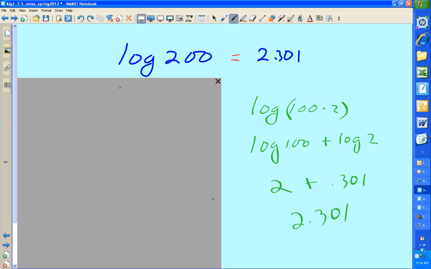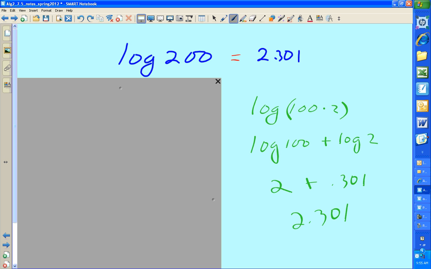All right? And remember, what is this 2? What is this 2? An exponent. It's the exponent on the 10, base 10, that gives you the 100. What is the 0.301? An exponent. That's what a log is. It's a power. So when we look at this, 2.301 is an exponent. It's the exponent you put on a 10 if you wanted to get to 200.